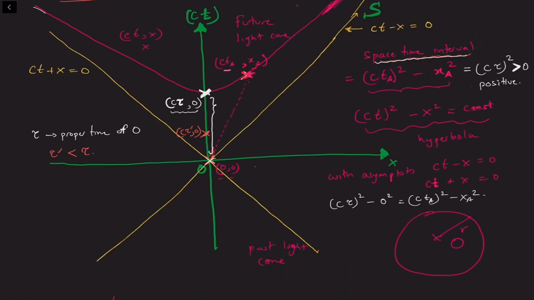And we consider the set of all space-time points that have the same distance from O as the point c tau prime comma 0. We would again get a hyperbola, and this hyperbola would look like this. So the set of all space-time points that are equidistant from O, using our notion of a space-time interval defined by this Minkowski measure of space-time distance, all such points trace out hyperbolas.